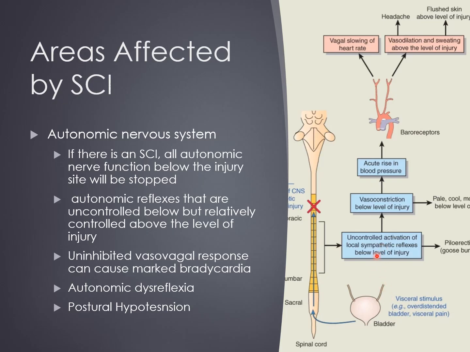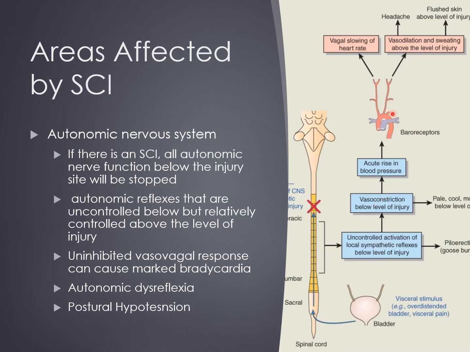That uncontrolled activation also causes vasoconstriction below the level of the injury. So we'll see things like pale, cool, and mottled skin, again, below the level of that injury in the spinal cord. But that vasoconstriction, which is, again, uncontrolled, causes this acute rise in blood pressure.